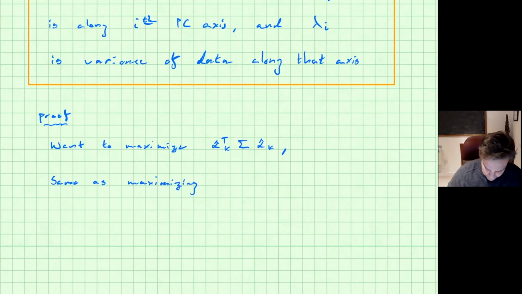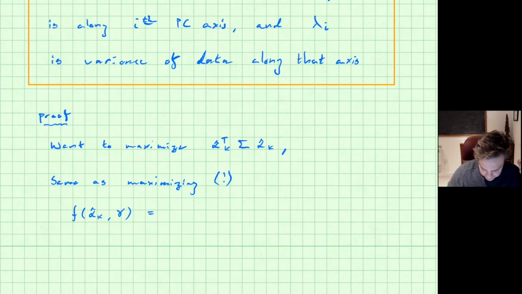This is some crazy cool trick. It's the same as maximizing the following thing: some function of alpha hat plus a new variable that I'll call gamma.